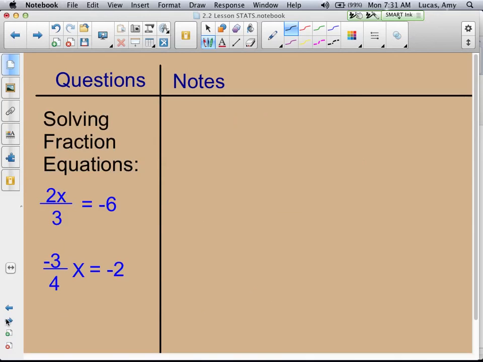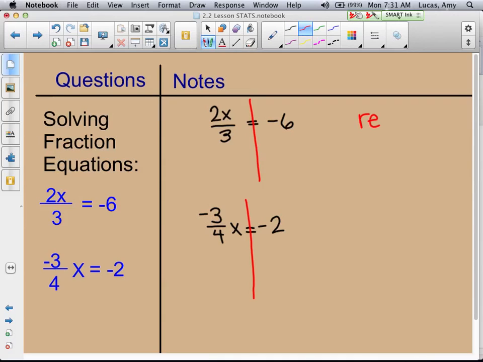Now the fraction equations, these are a little bit trickier. To eliminate a fraction that's multiplied by your variable, we use the reciprocal. Because remember that reciprocals are multiplicative inverses.